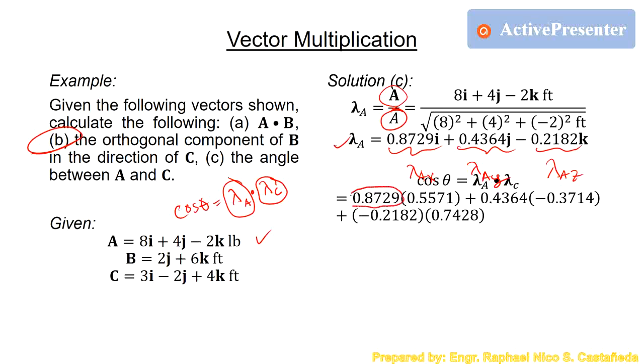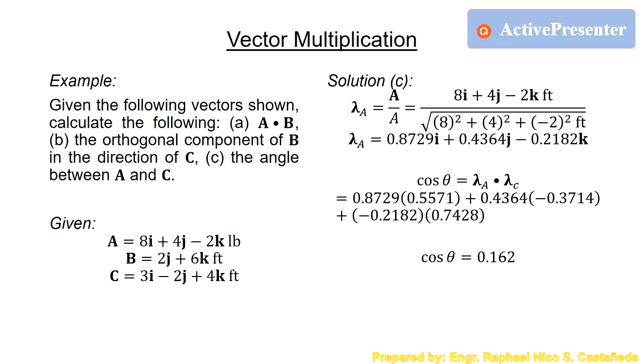So this is lambda ax times lambda cx, then lambda ay times lambda cy, plus lambda az times lambda cz. If we multiply that, you'll get cosine theta of 0.162. Then you will get an angle of 80.7 degrees. So that is the angle between vectors A and C.